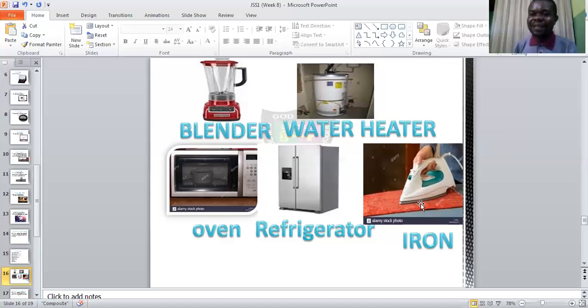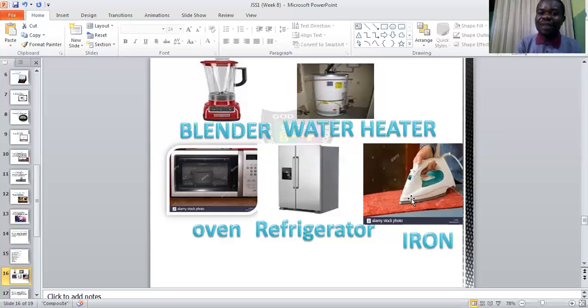There are appliances, and inside these appliances we have all these things. We're talking about the resistor, the electrical components that we discussed last week. We have them inside. The resistor is there. They talk about the current flowing, the value of current. That is because we have the cable now. All these things are seen inside these appliances.